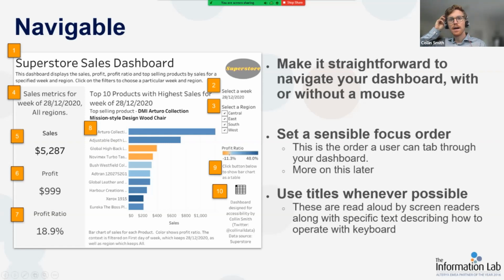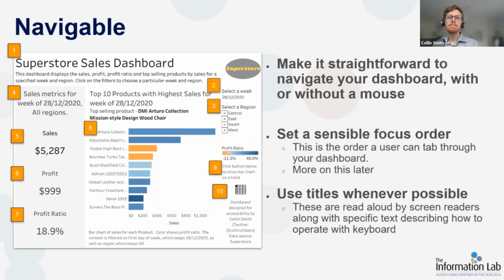Another part of making your dashboard navigable is using the default titles whenever possible. So using that dashboard title option in Tableau, using the chart title options, using the legend title options. I know sometimes as people get more and more familiar with using Tableau, you want to push it to the extent of its design capabilities. And so you start designing custom titles and things like that.